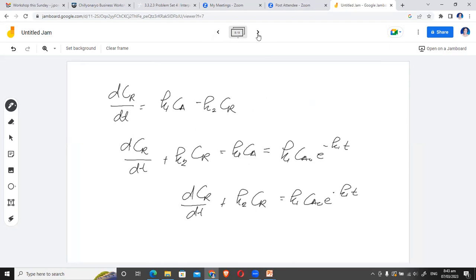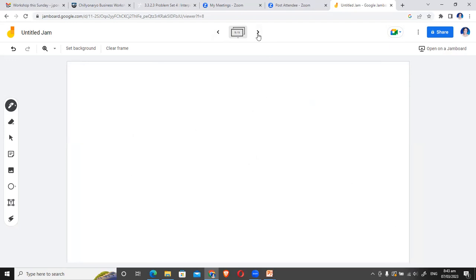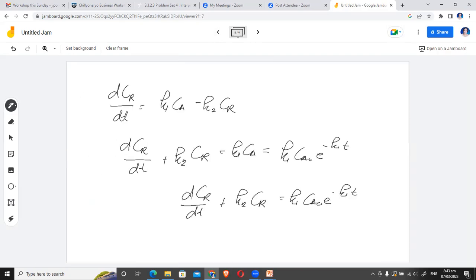Now, based on what you have learned in DE, you are to determine the integrating factor, and the integrating factor is based on the coefficient of your unknown function. We're so used to seeing this in DE as dy.